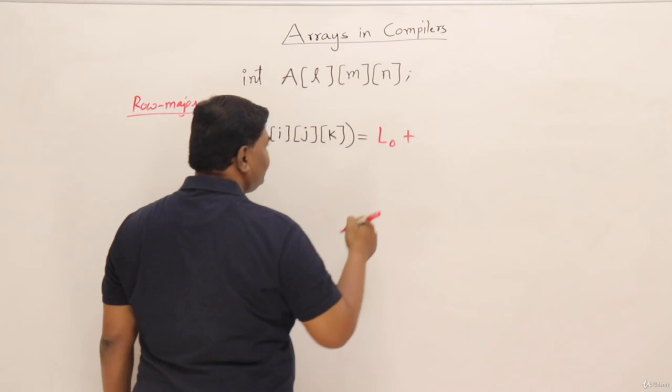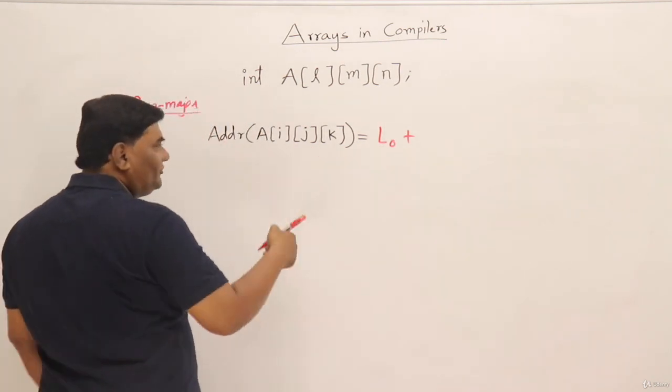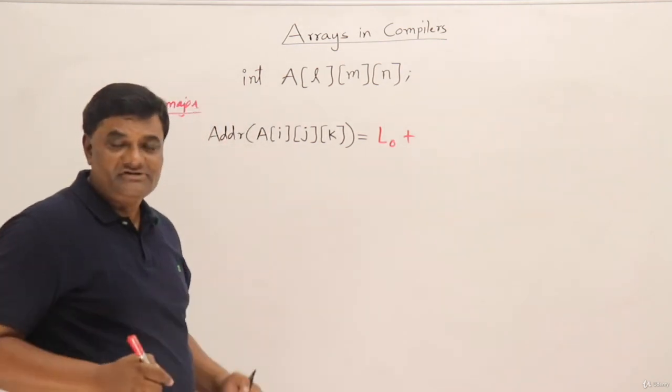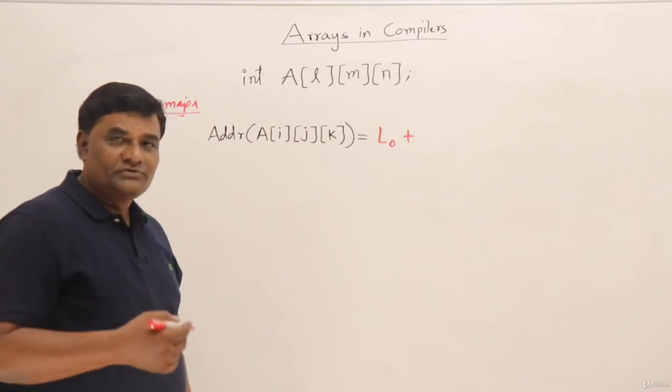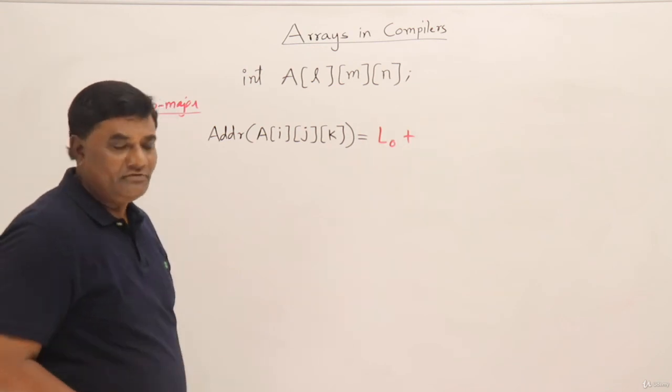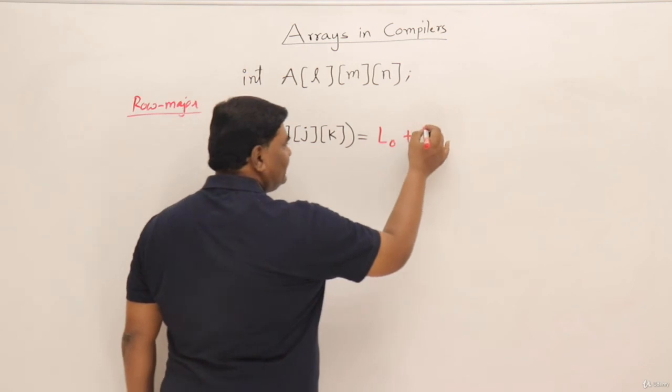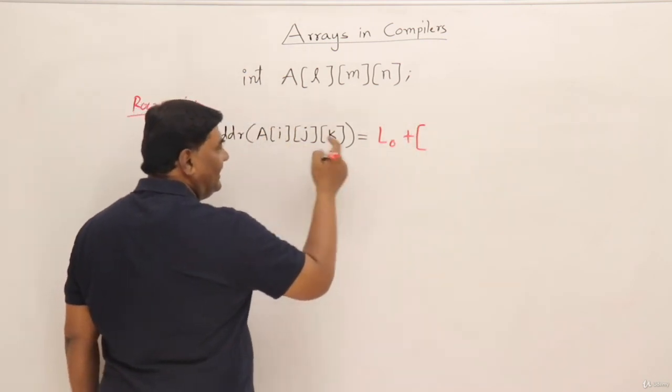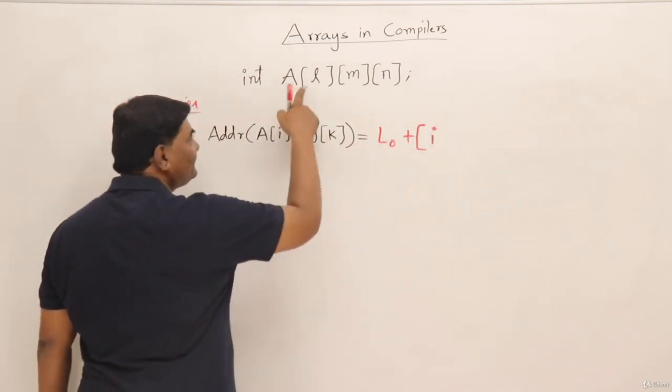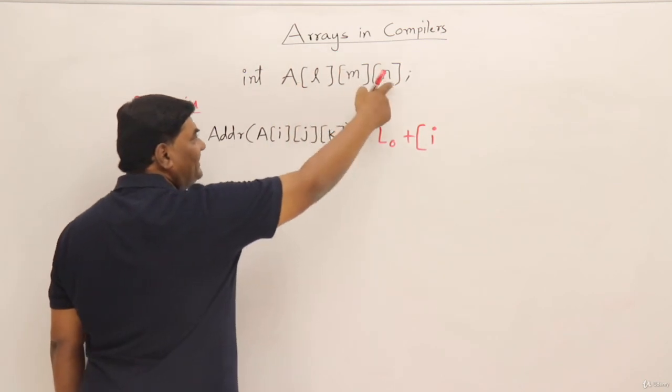L0 plus, that is the base address. I am not drawing a diagram showing you the 3-dimensional array. As you know the approach for preparing the formula, same thing will follow. So let us take index I. This is for the first dimension. So multiply the remaining other dimensions.